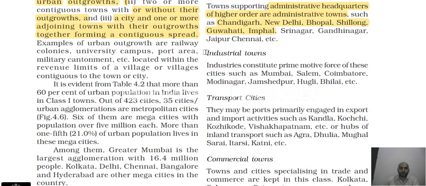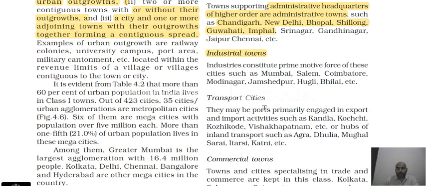Industrial town. When we are talking about the industrial town, it is a city or town which is famous for industries, which has a history of industrialization and supports major industries and manufacturing units in that town.